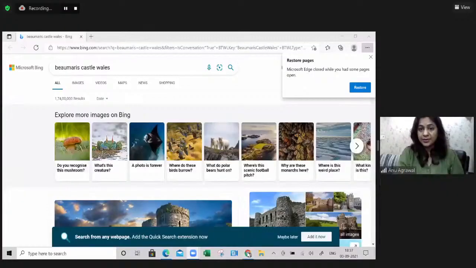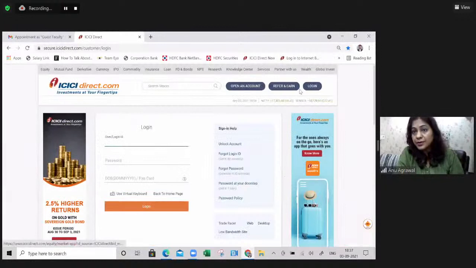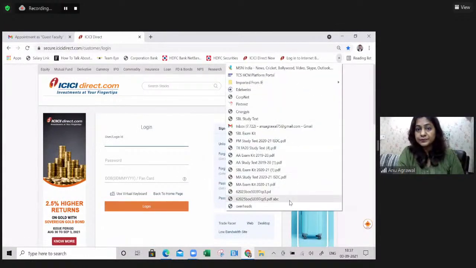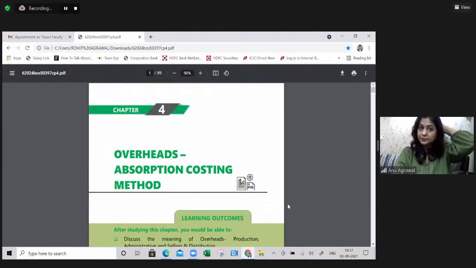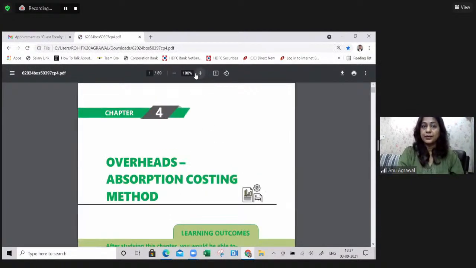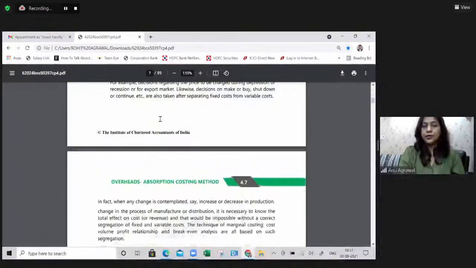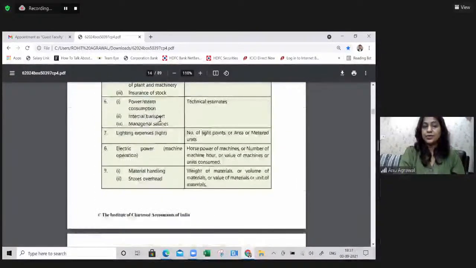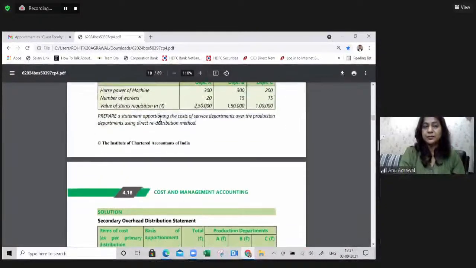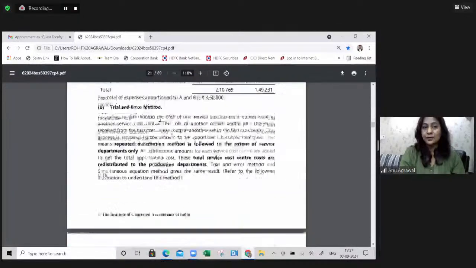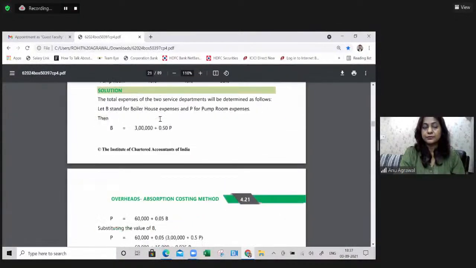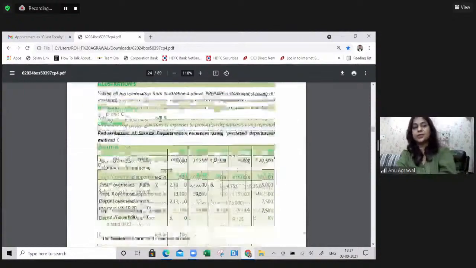Now, can I go back to the textbook? Shivani, if this doubt of yours is sorted out, please let me know that, yes ma'am, this particular doubt is sorted out. Okay. So this was illustration 9, which was asked by Shivani. Look at this.